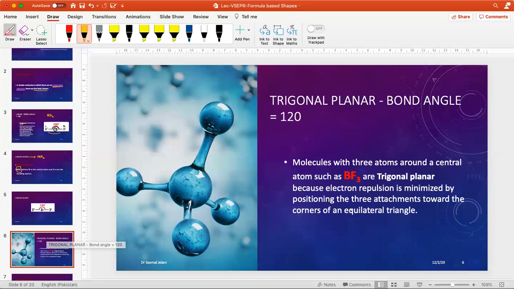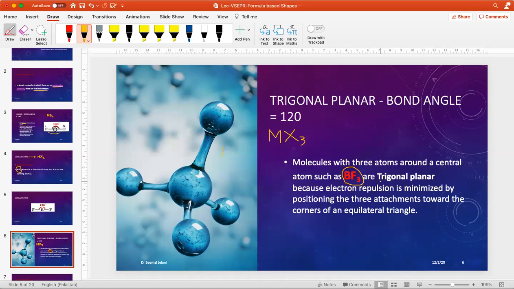Next, we move to trigonal planar, bond angle 120. The example is BF3. Just looking at BF3, we can calculate the formula, and that would be MX3, where M is the center atom and X3 are the three ligands. Here I'm using the value of X as fluorine, so three fluorines are linked to the central boron.